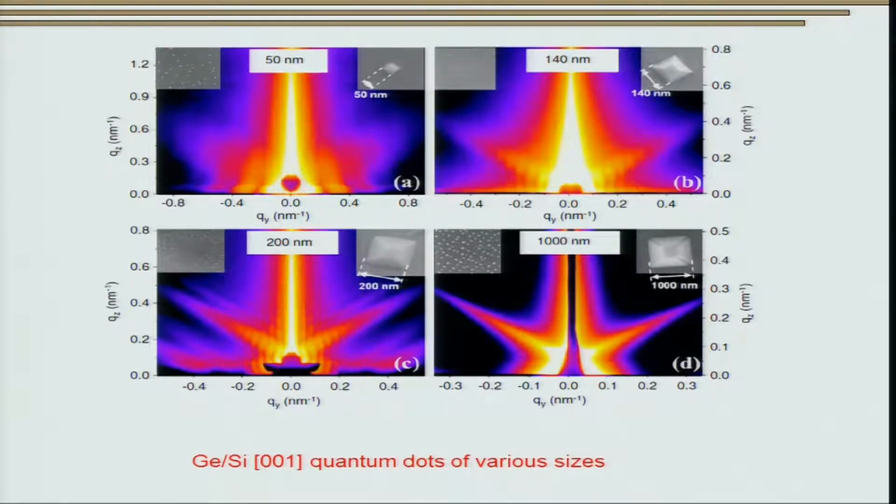As the quantum dot is growing, we do see that there is a change in the scattering pattern, and all these things can be confirmed by doing AFM or scanning electron microscopy. So, with the deposition condition we can look at how the quantum dot is evolving in shape as well as size.